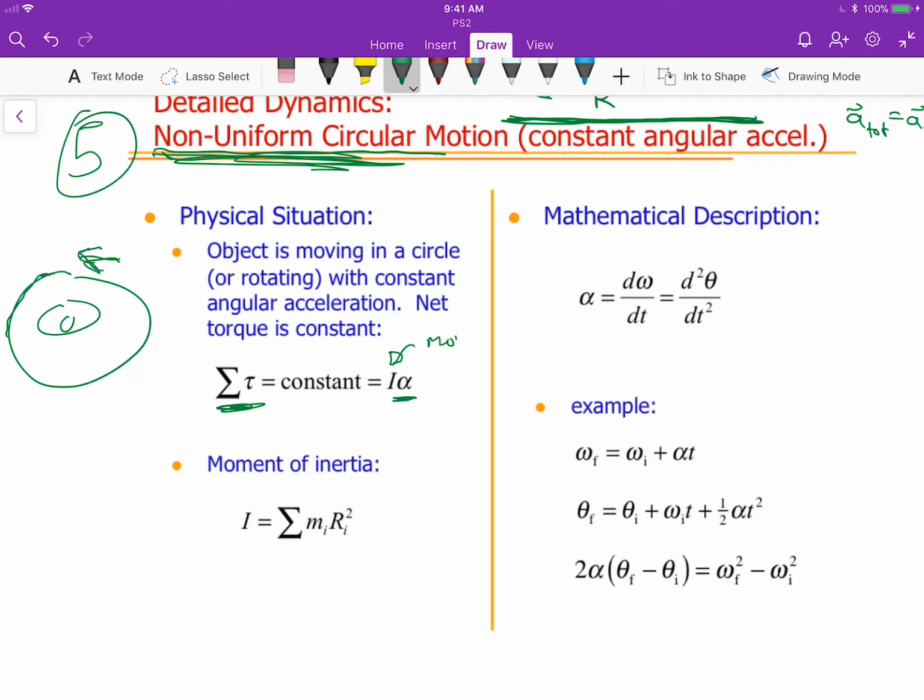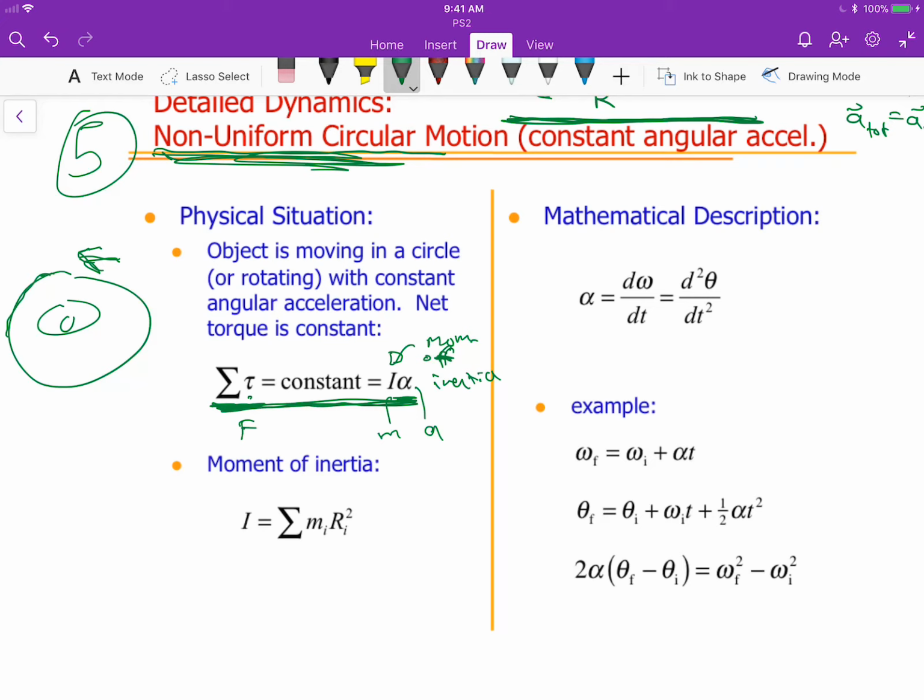So this is our moment of inertia. This equation is like our Newton's second law, but in the angular situation: torque is like our force, the I is like our m, and alpha is like our a. So it's like F equals ma there.